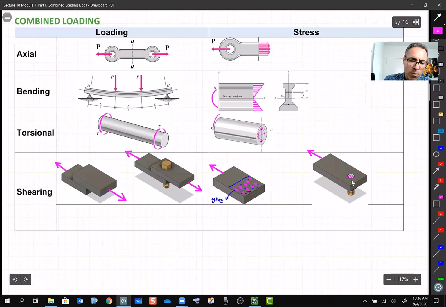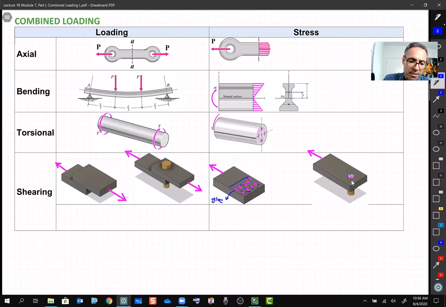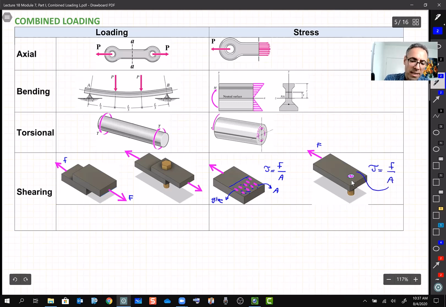And we learned for both of these scenarios how to calculate the tau stress, which in this case is force F divided by A, which in this example A is the whole area where we glue things together. And in this example, tau, the shearing stress for the bolt, is again F divided by A, where A is the area of the cross section of the bolt.